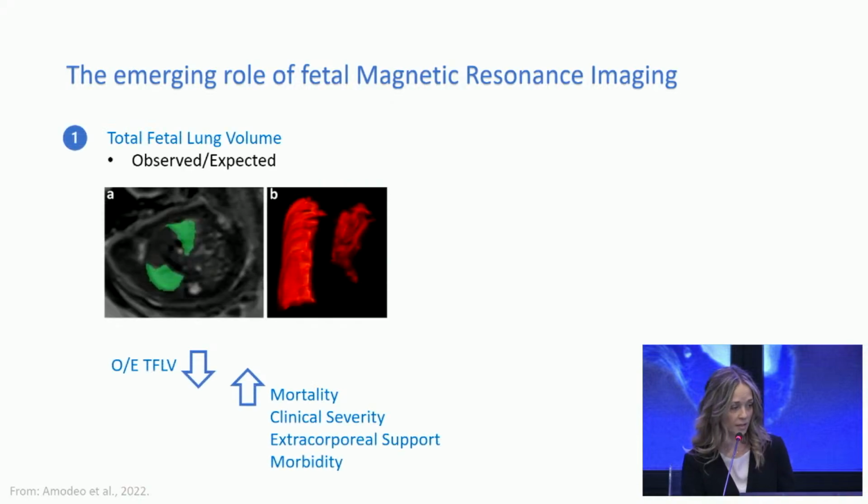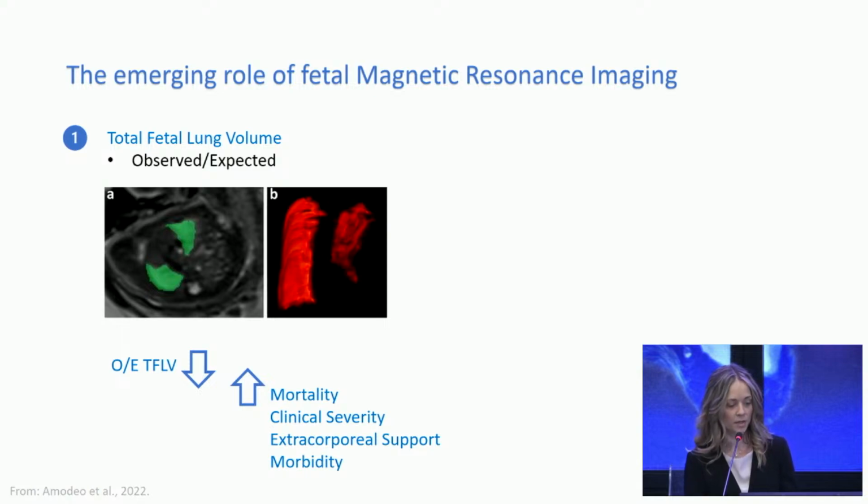But in recent years, fetal magnetic resonance imaging has dramatically increased its role over the obstetric ultrasound due to its technical advantages and anatomical definition. Today, segmentation of the lungs is considered the reference technique to quantify the total fetal lung volume.